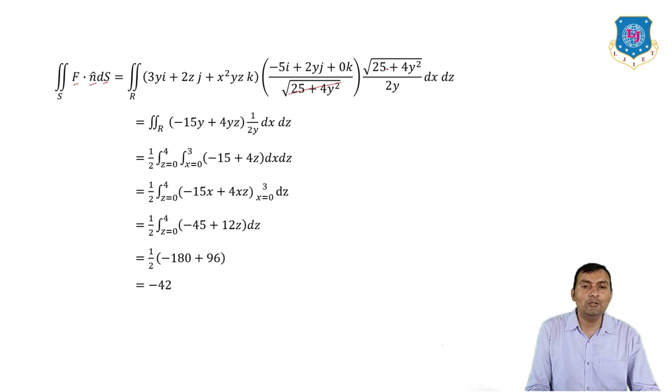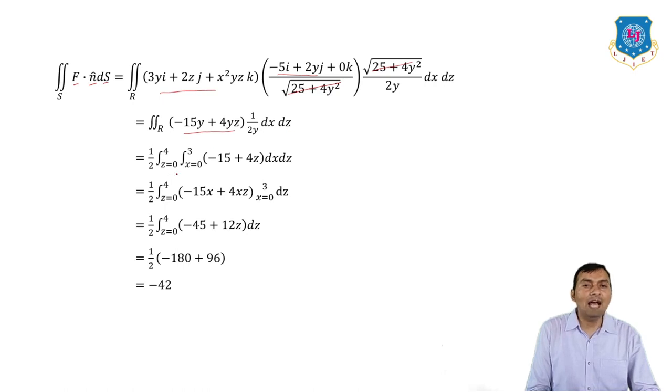Substitute all these values and you can notice that this term is going to be cancelled out. After simplifying, you can notice that 2y is also there. Whenever I take the dot product of these two vectors, it will be minus 15y plus 4yz, and into 1 divided by 2y, dx dz.